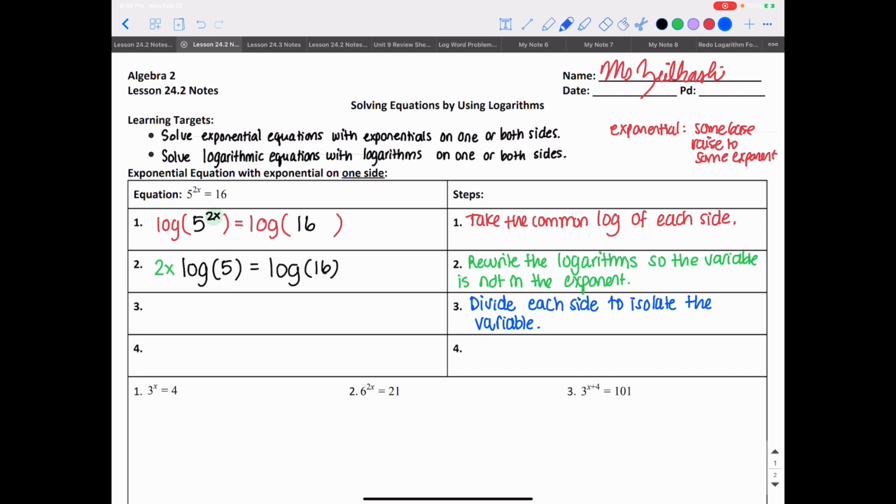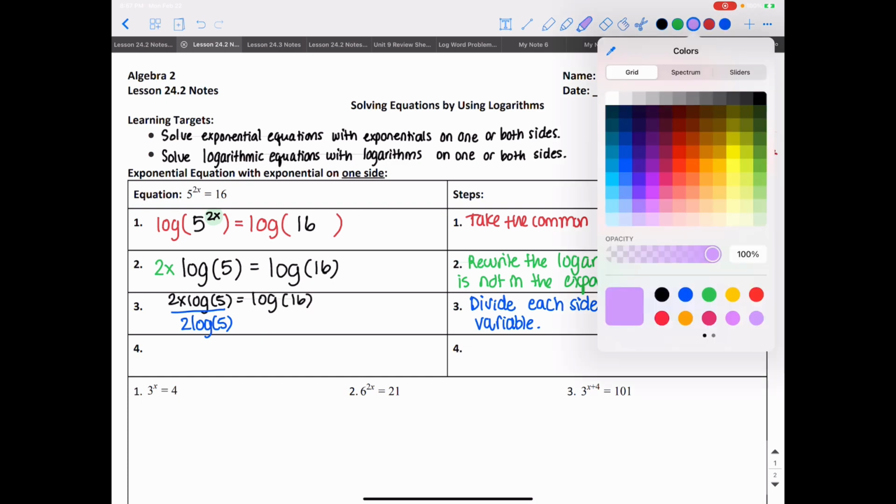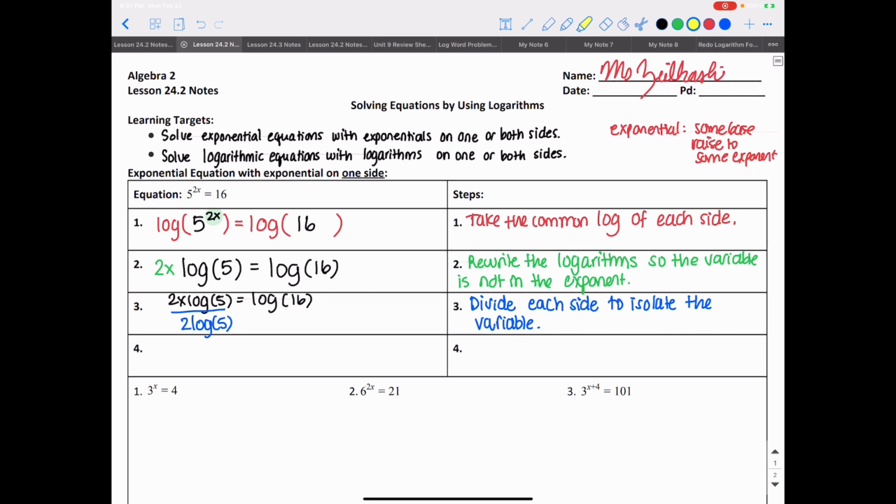So I'm going to take what I started with. I started with 2x log of 5 is equal to log of 16. And I'm going to divide both sides by 2 log of 5. So everything that's not the x. So this is my x. This is what I want to get by itself. I'm dividing by the 2 and by the log of 5.